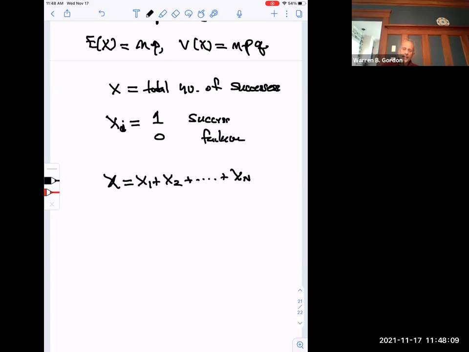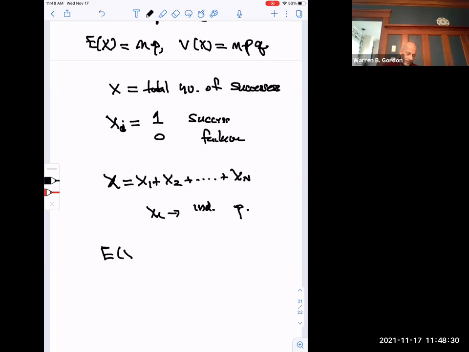On each experiment, either I have success or failure, right? And each of these is the same. Each X of I is independent and has probability of success P.